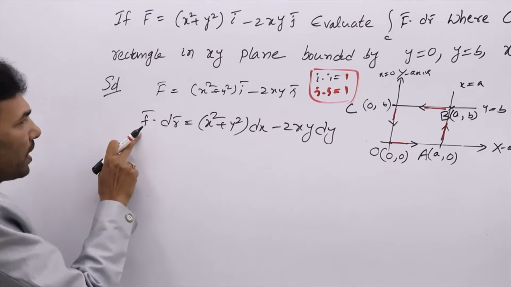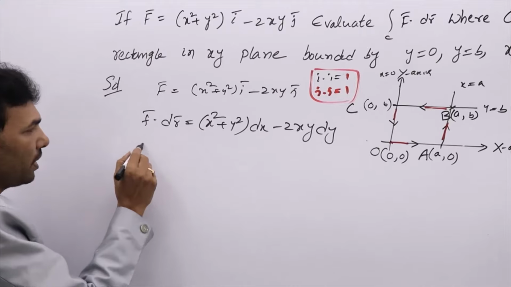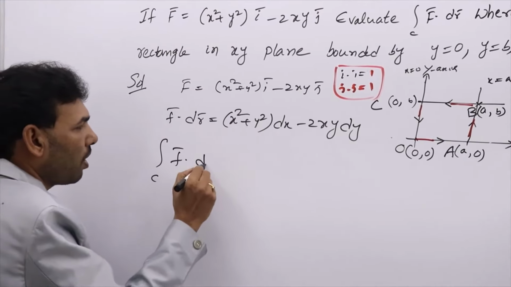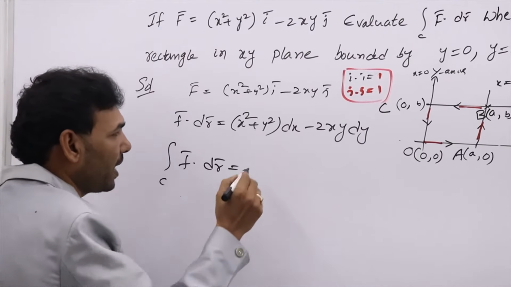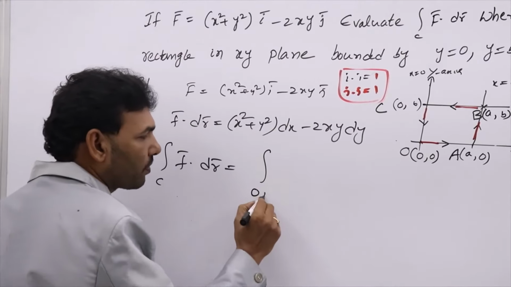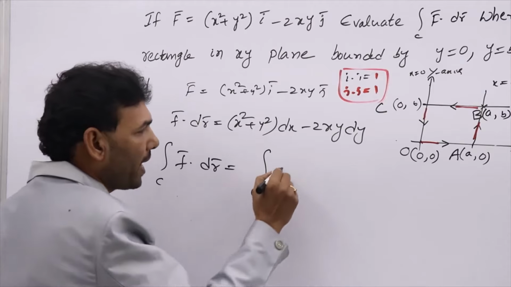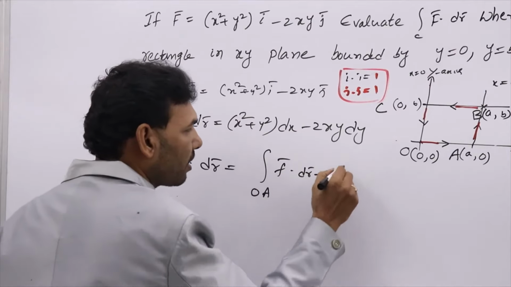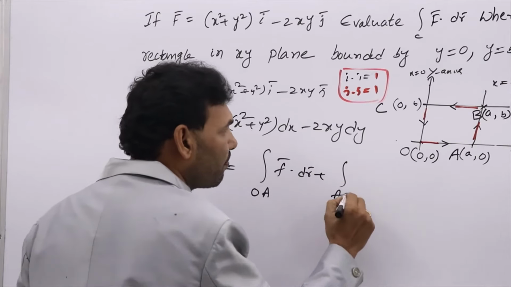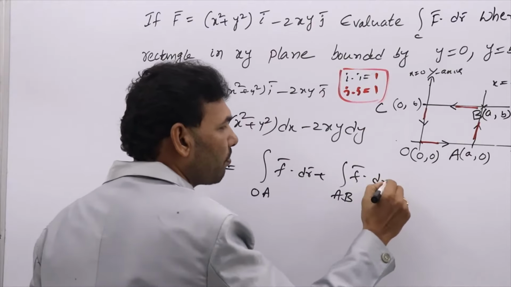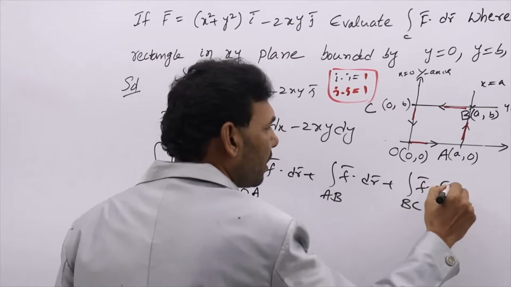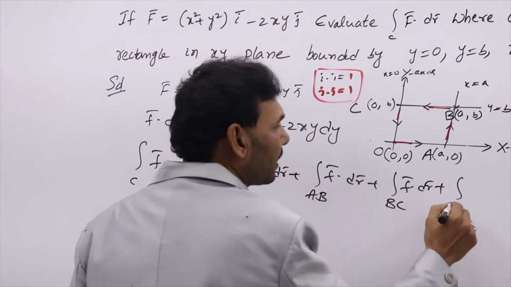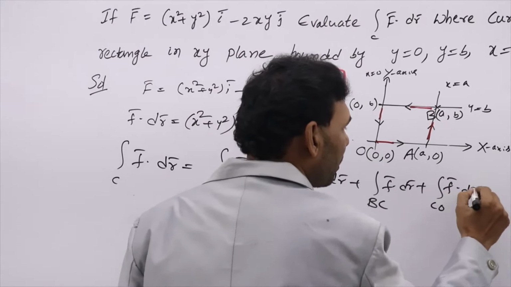But here our concept is that we need to evaluate the integral over C of f bar dot dr bar. To evaluate this, first evaluate the integral along OA of f bar dot dr bar, plus AB of f bar dot dr bar, plus BC of f bar dot dr bar, plus the integral over CO of f bar dot dr bar.